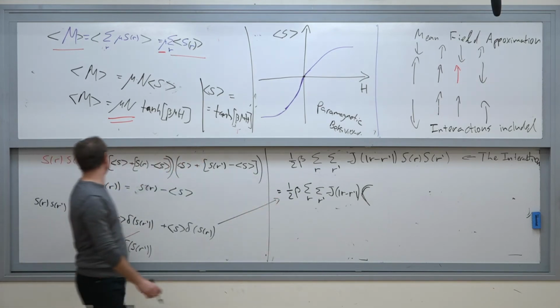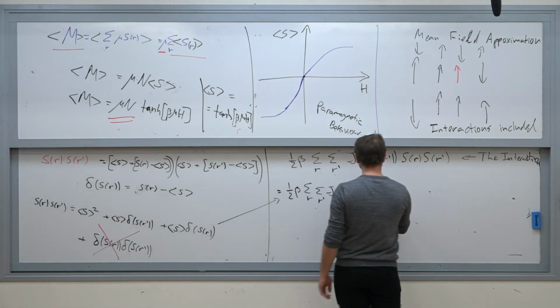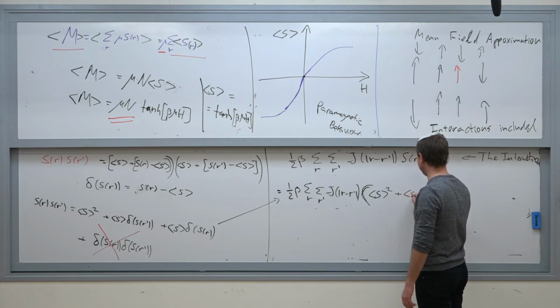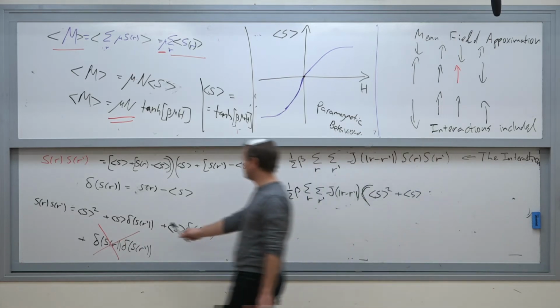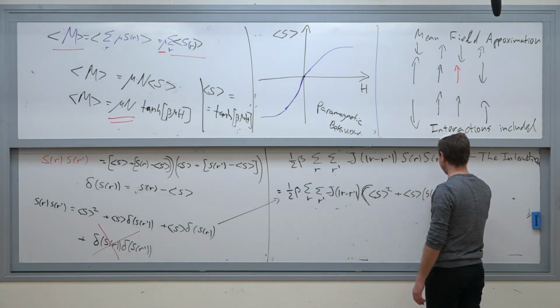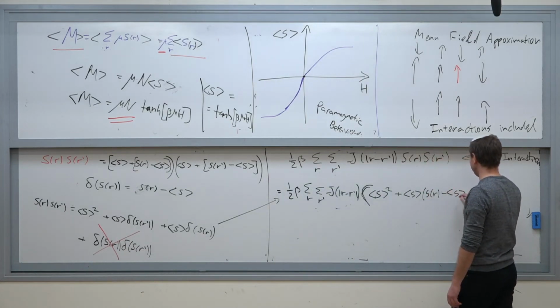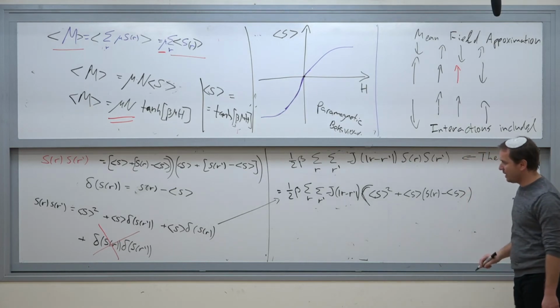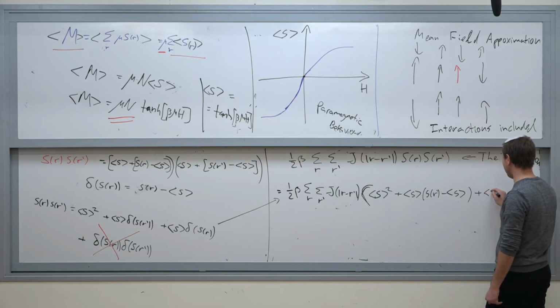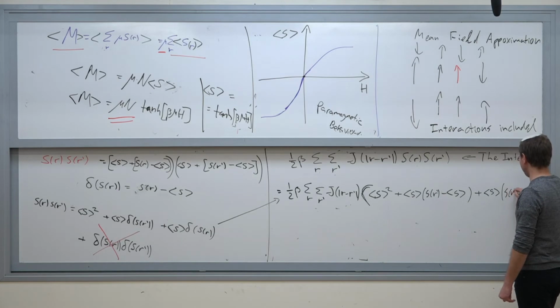So first of all, I have s average squared plus average s multiplied by SR minus S average, and I also have plus SR prime plus average S multiplied by S of R minus average S. Yes, and I will close my parenthesis.